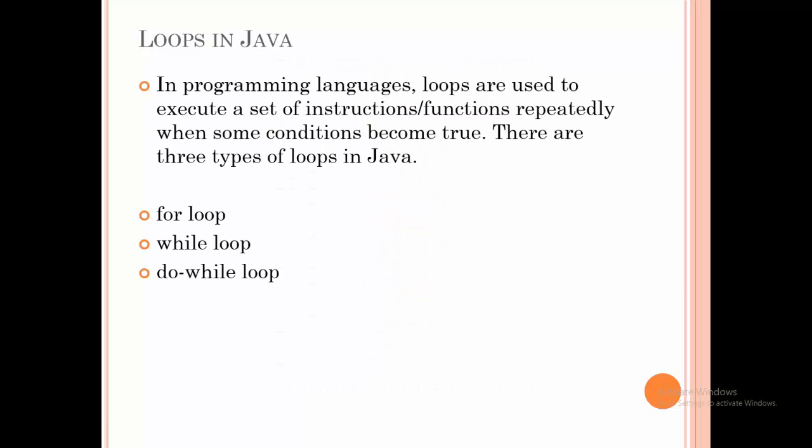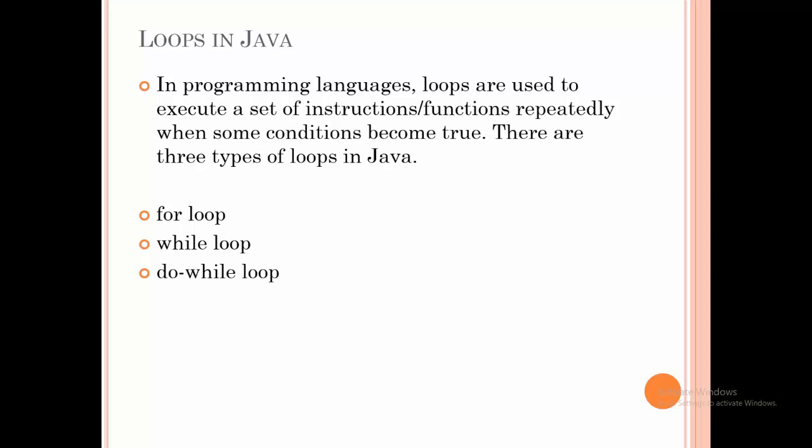So the next one is loops in Java. So looping statements. In programming languages like Java, C, C++, or Python, loops are used to execute a set of instructions repeatedly when some condition becomes true.